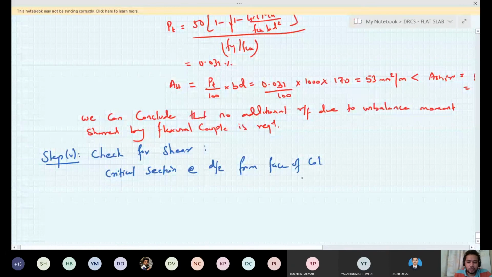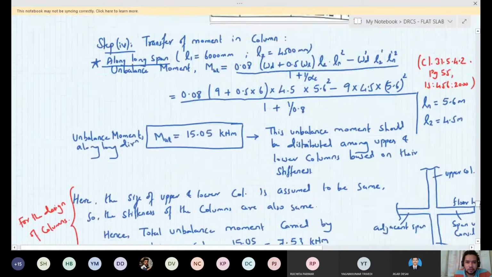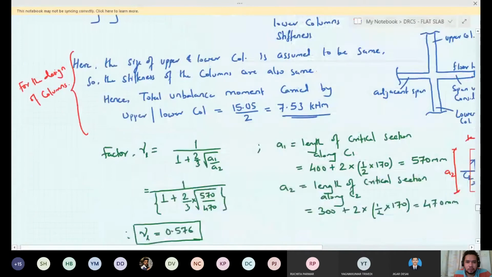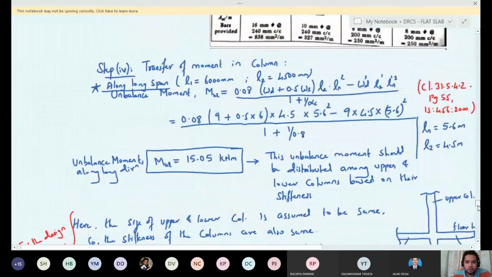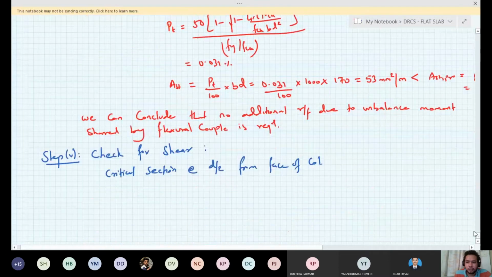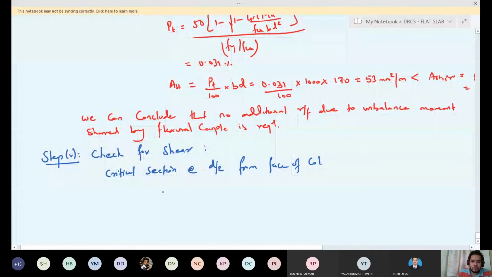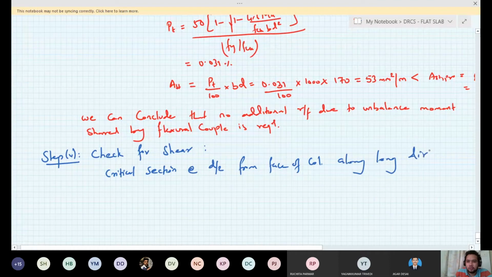Okay, also here the larger shear is along the longer direction. Okay, so we'll check for the long direction only. If you see the shear, it is 6.38 along the long direction, so we will find out along the long direction. So the critical section is along the long direction.